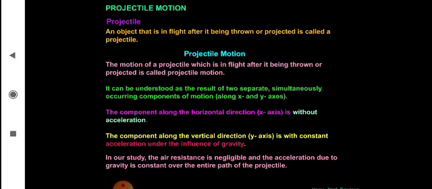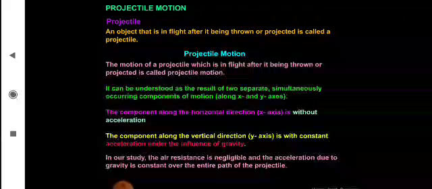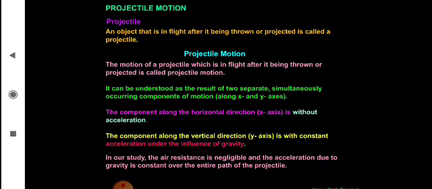The motion of a projectile which is in flight after being thrown is called projectile motion. It can be understood as the result of two separate simultaneously occurring components of motion along the x-axis and y-axis.